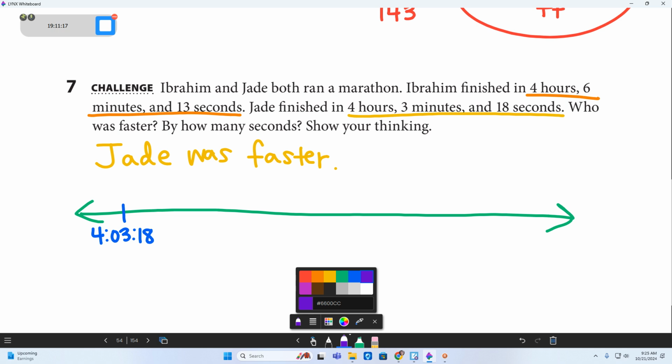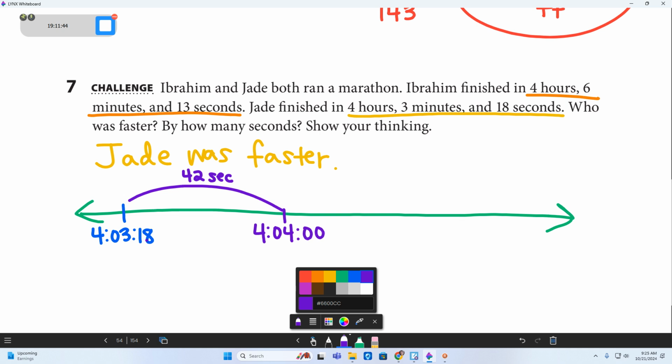All right, so I'm going to jump up 42 seconds. And if I jump up 42 seconds, because 42 plus 18 is 60, right? That gets me to the next minute. So now I'm at 4 hours, 4 minutes.